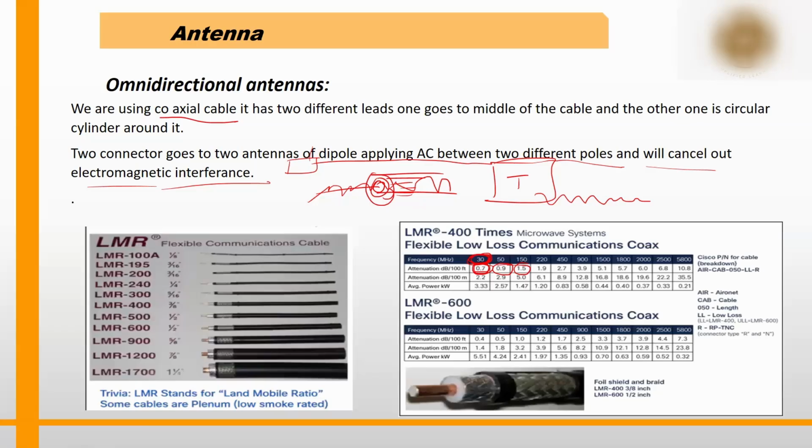It is like the signal in this copper wire, the AC signal is generated and it is traveling. So now 150 megahertz signal means what? 150 megahertz signal is passing through this cable. So what does that mean?